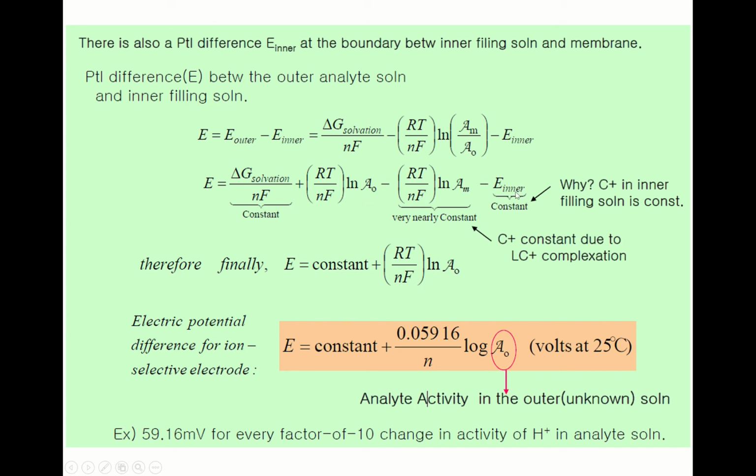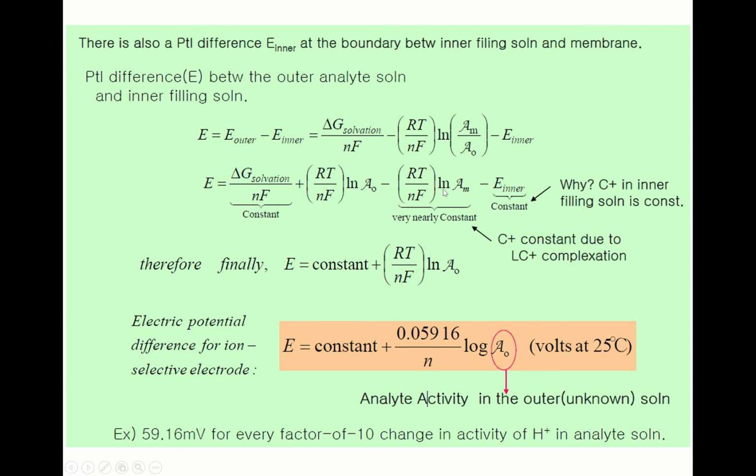The membrane potential difference is constant, and A_M, the cation concentration inside the membrane, is constant. It doesn't change.